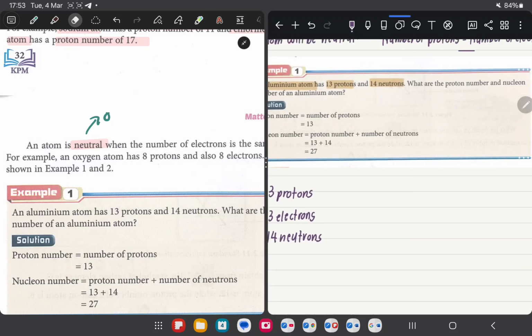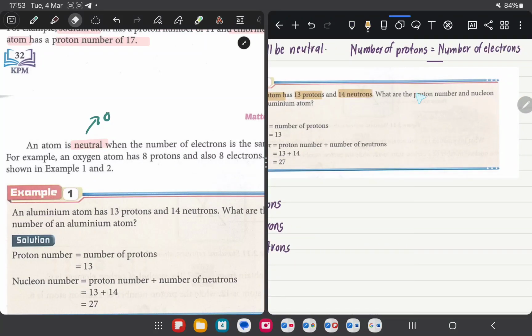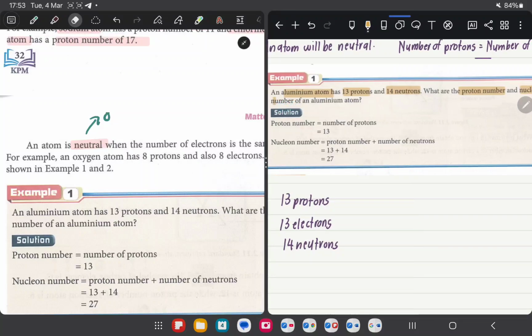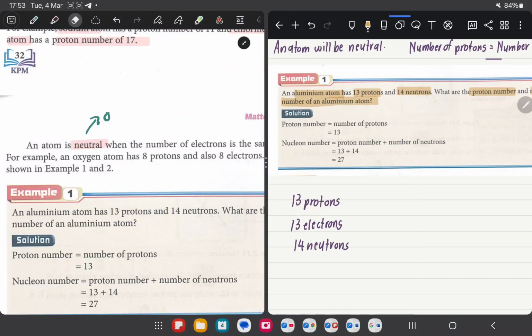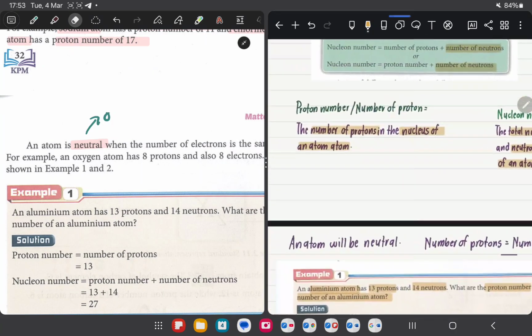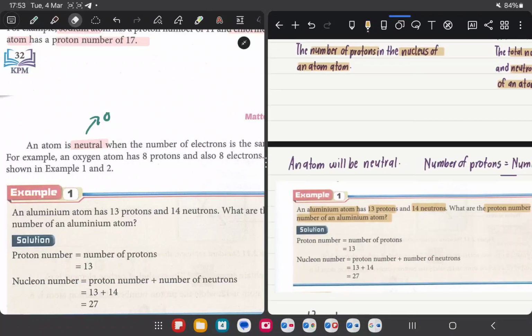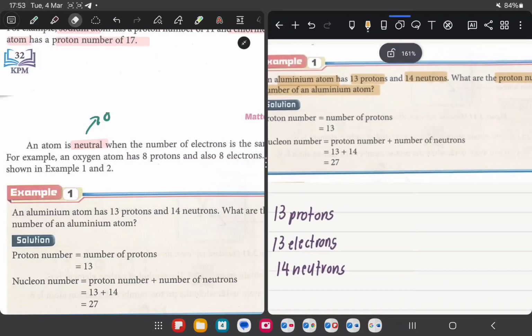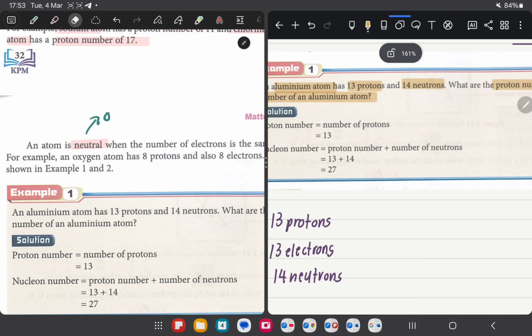Now, what are the proton number and the nucleon number? In terms of definition from what you learned in your first lesson, what is proton number? Proton number is the number of protons. The question itself gives you the answer, 13, because they say they have 13 protons.